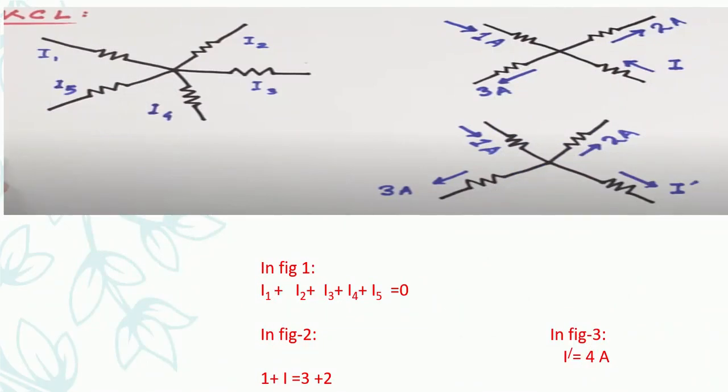Now, by using KCL, how can we solve any circuit, or how can I find out the value of current? Look at this figure. Here I1, I2, I3, I4 and I5. Suppose these 5 currents are entering into the junction.